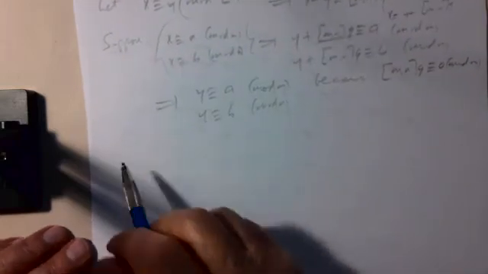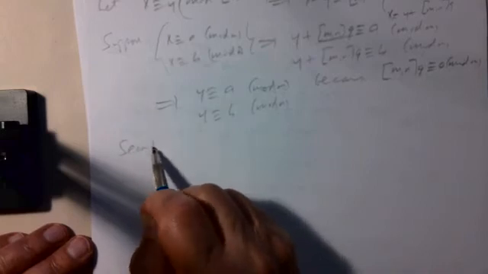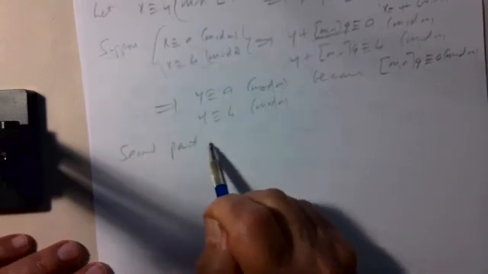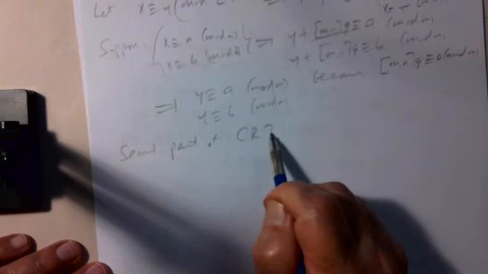So this is the second part of the Chinese remainder theorem.